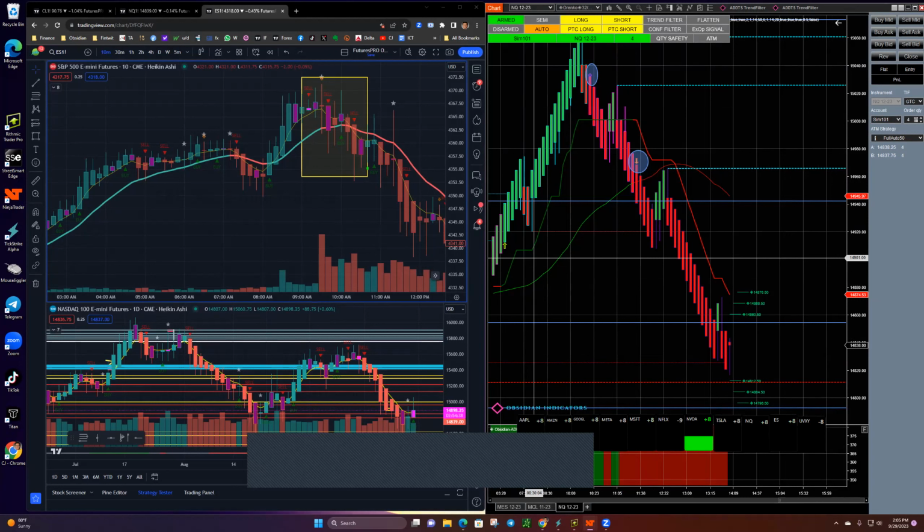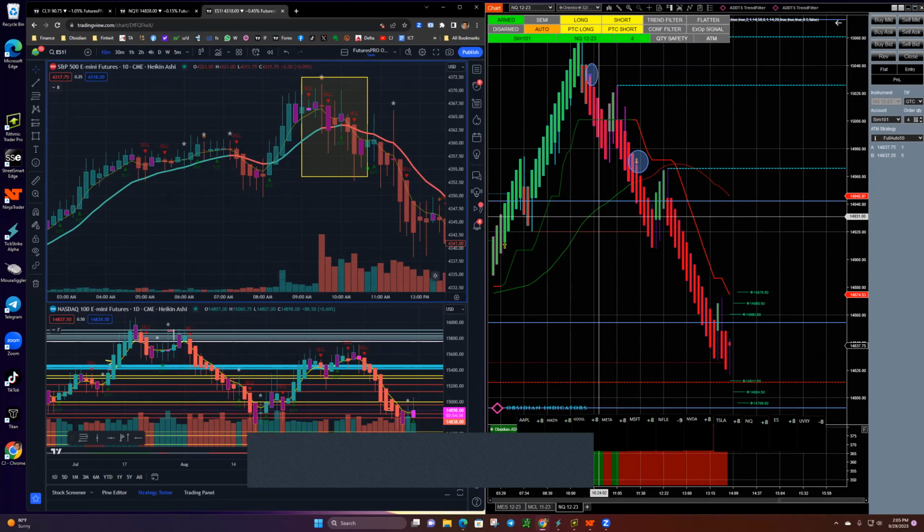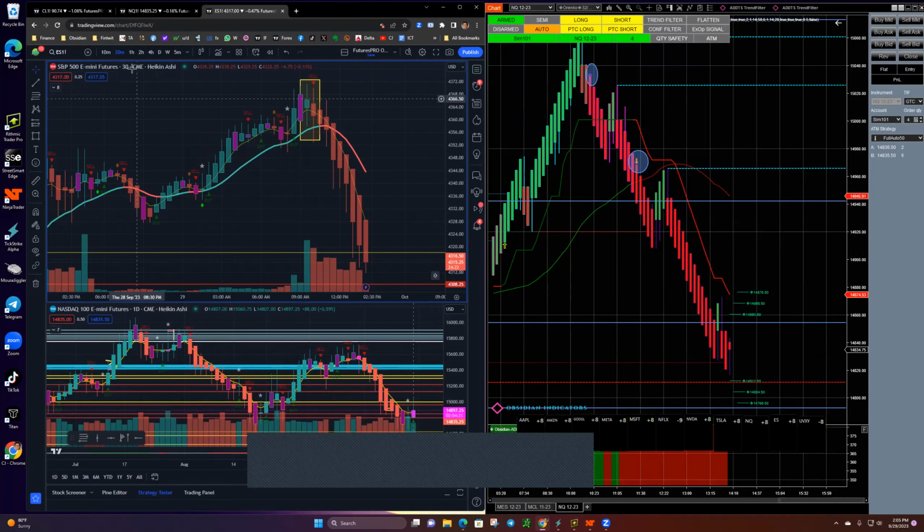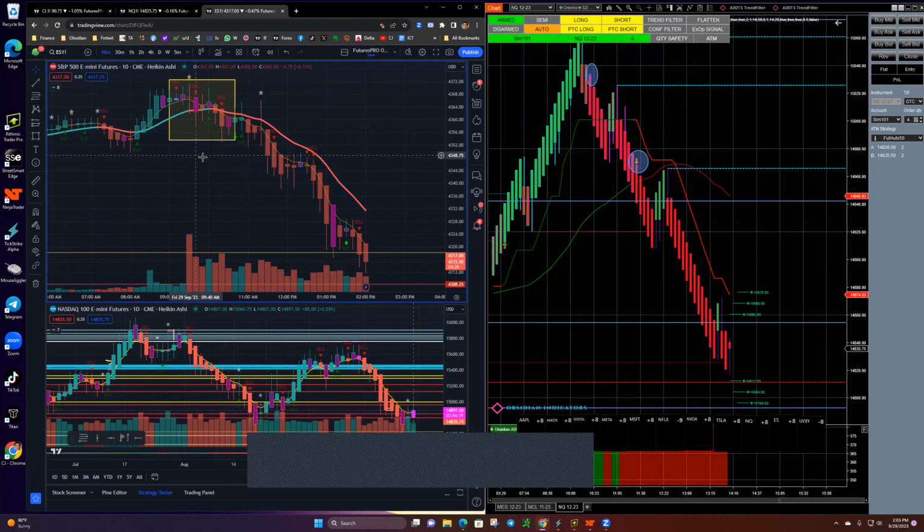So that is basically how the Futures Pro and the NinjaTrader would work together. There are other time frames that you're looking at, but the key entry is looking at the 30-minute right there and looking at the 10-minute right there, okay?